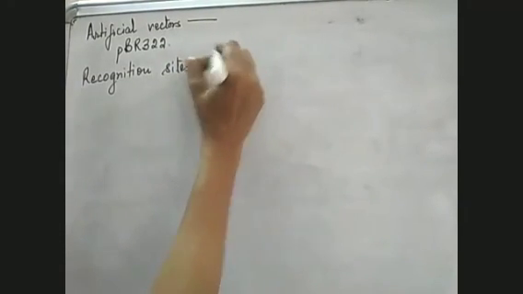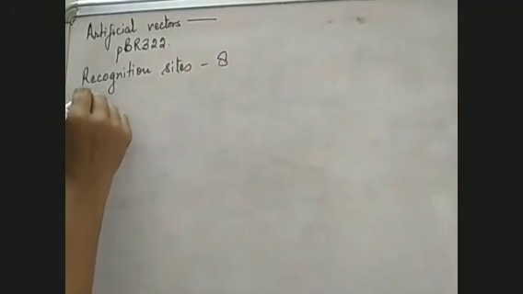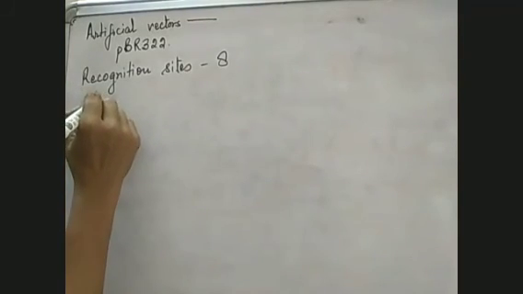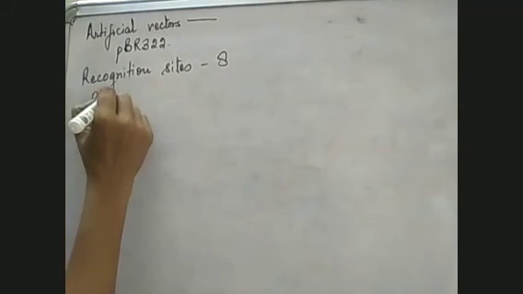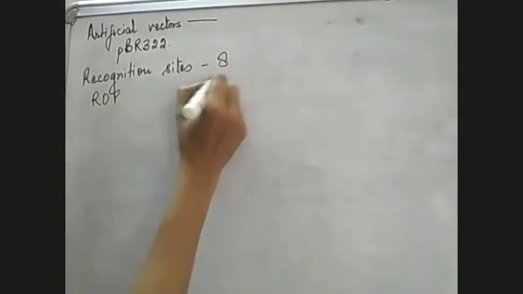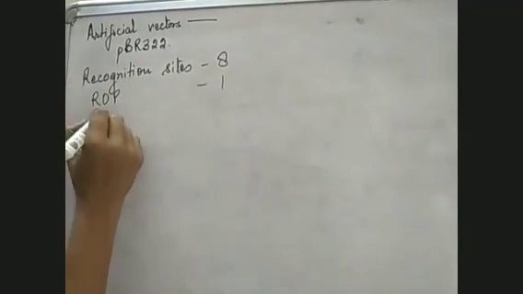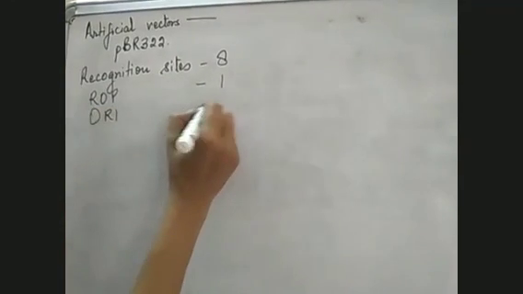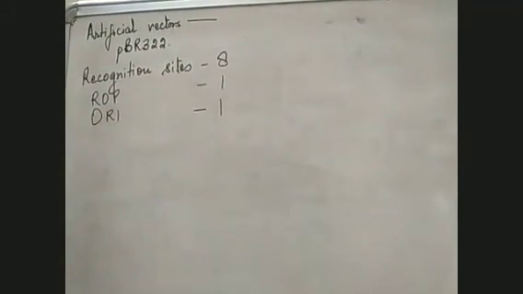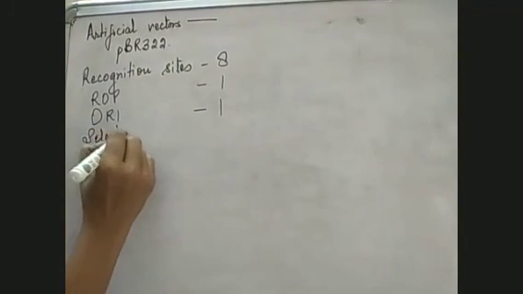So there were 8 recognition sites, and in PBR 322 there was ROP, protein of replication. It was also there. 1 ORI was also there, origin of replication 1, and selectable markers we had.